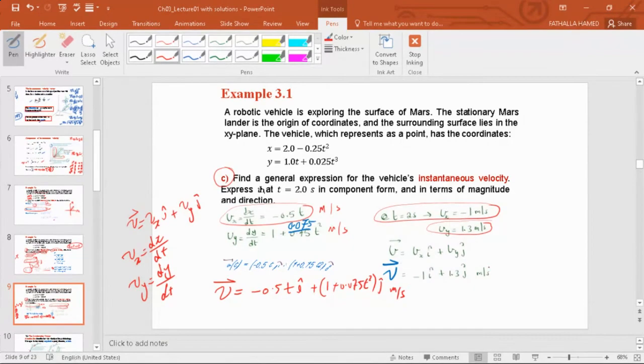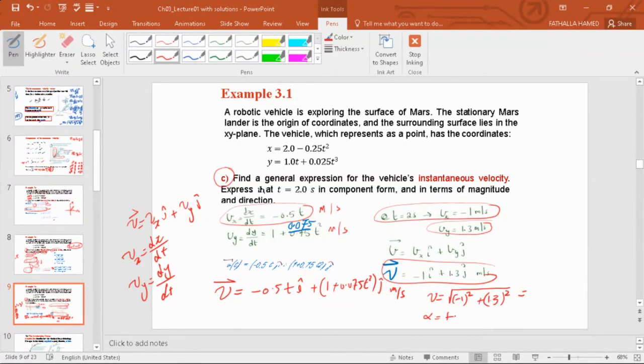So your velocity vector now at 2 seconds is equal to minus 1 i hat plus 1.3 j hat meters per second. You can get your speed, which will be equal to the square root of minus 1 squared plus 1.3 squared. You can calculate that.